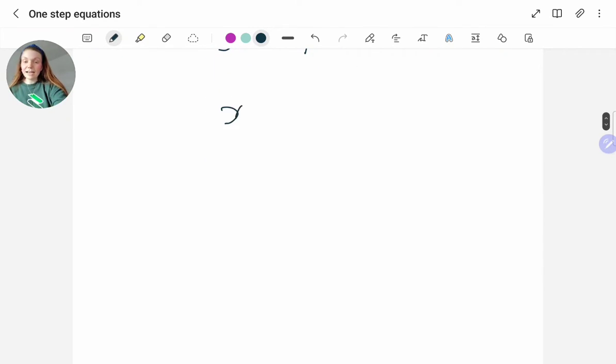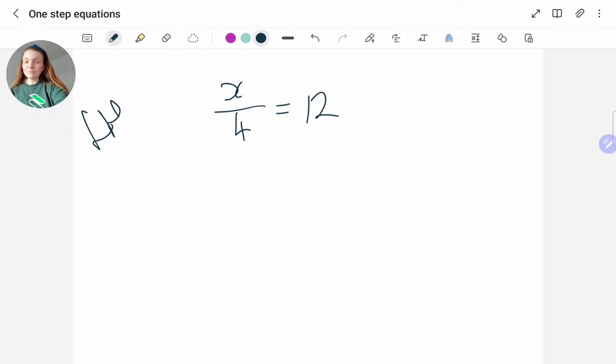Let's say we had x over 4 equals 12. So again, we need the x to be positive and by itself. It already is positive on the left-hand side, so it will remain on the left-hand side. We are going to take the 4 across. Now, we said change side, change sign, but essentially what we're doing is the opposite operation, okay?